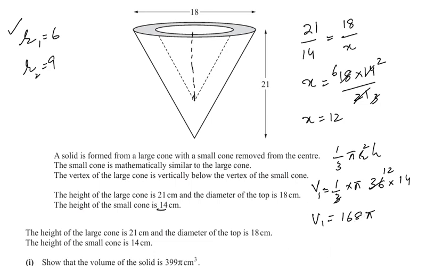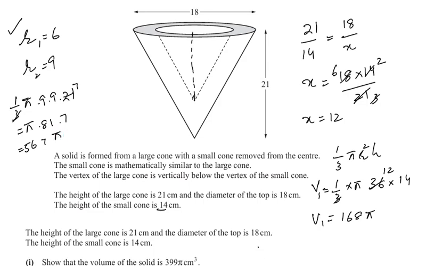Now we have to find the value of V2 by using the same formula for radius 9: 1 over 3 pi multiplied by 9 multiplied by 9, and h for this larger cone is 21. We can simply cancel this and it will be pi multiplied by 81 multiplied by 7. We get 567 pi.